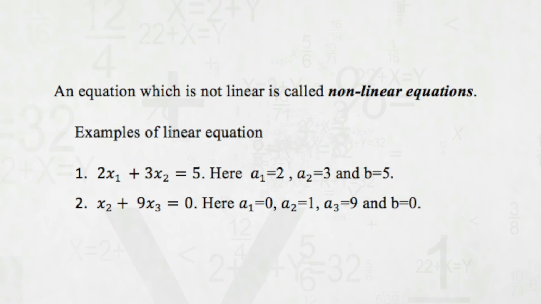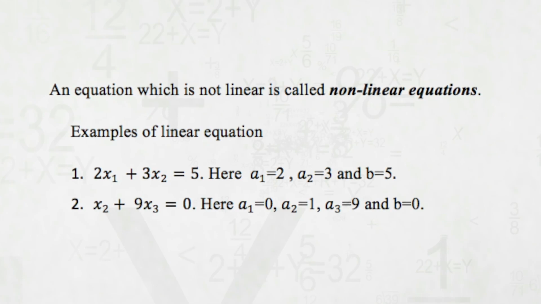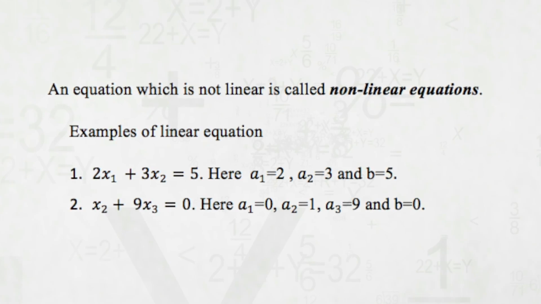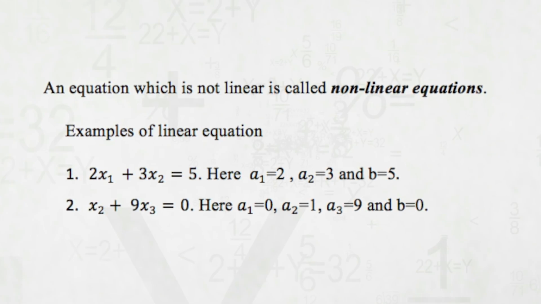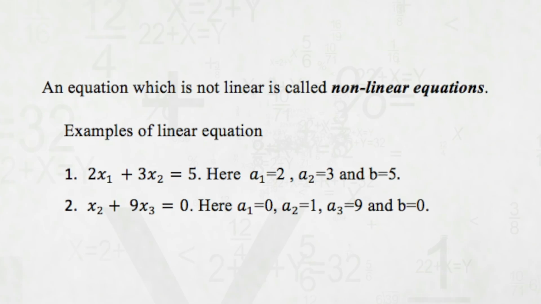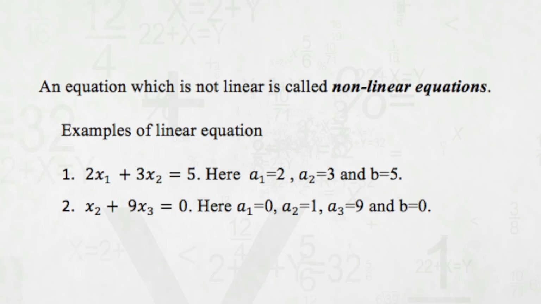We shall see some examples now. Consider the equation 2x1 plus 3x2 is equal to 5. Here a1 is equal to 2, the value of a2 is 3, and the constant b is equal to 5. So, this is one of the linear equations. The next example is x2 plus 9x3 is equal to 0.